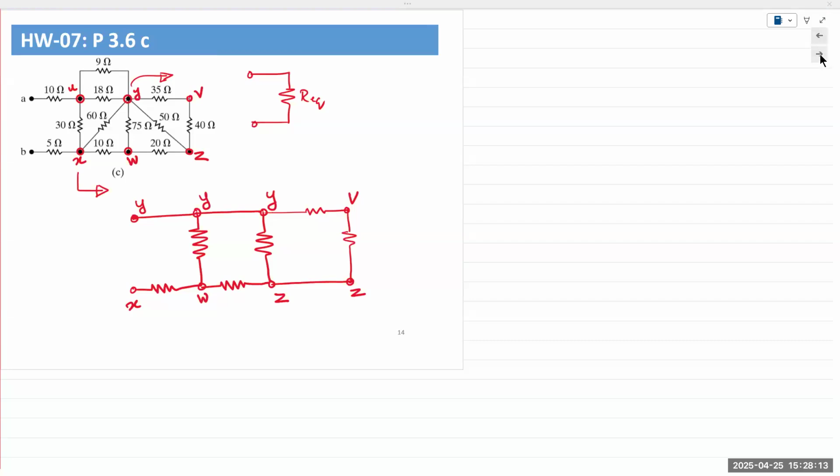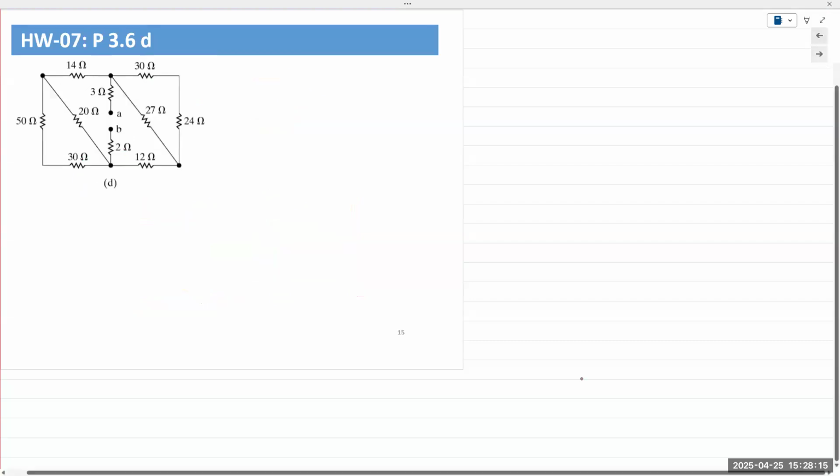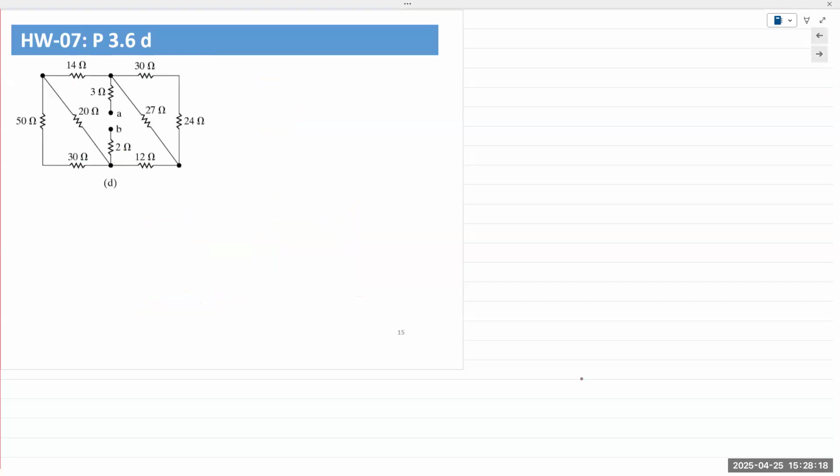That's 3.6C. That's 3.6D. Aha, now, how do you proceed with this? For this, I would use the technique that I showed in class.